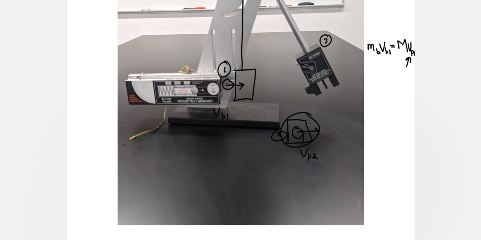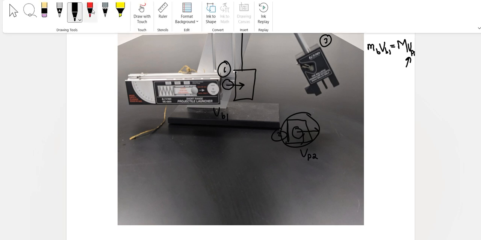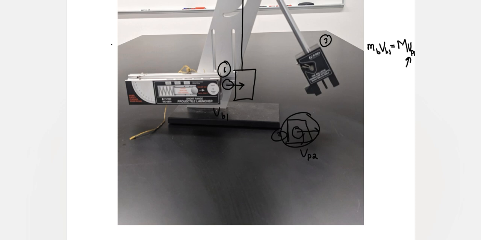So as the pendulum swings up to this position, that is a potential energy to kinetic energy thing. If we put a datum right through the pendulum, you'll notice that we have a height difference here, and I'll talk about how to find that in just a minute.